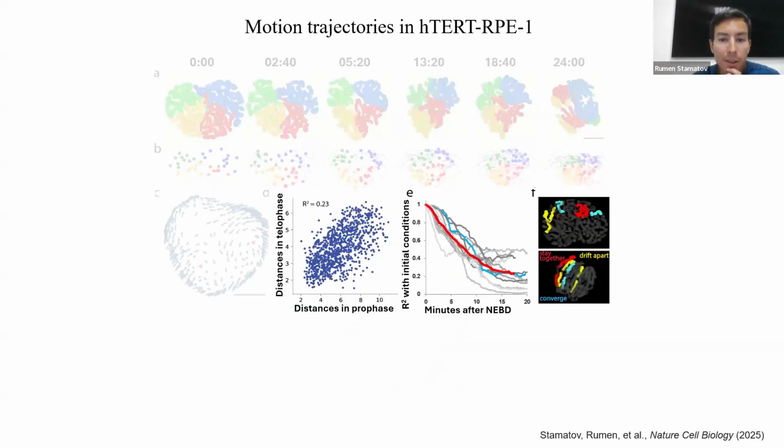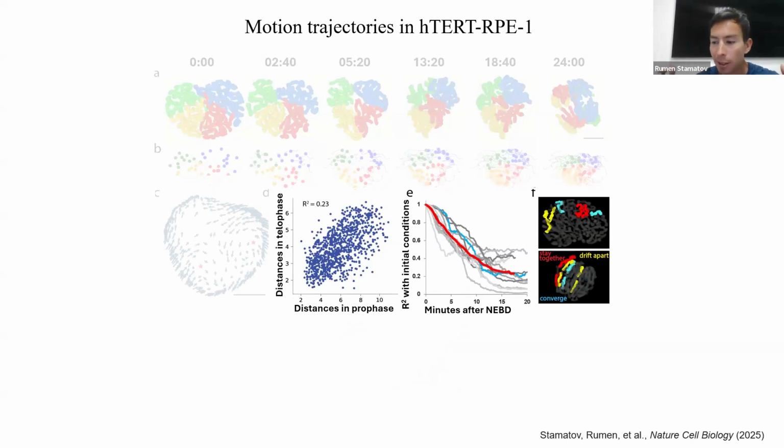And also what we did was to plot the distances between all the pairs of chromosomes at the beginning in prophase and at the end of telophase. And we see there's some correlation between them, but it's a weak correlation. So there are cases of chromosomes which were initially close together, but later they moved away.